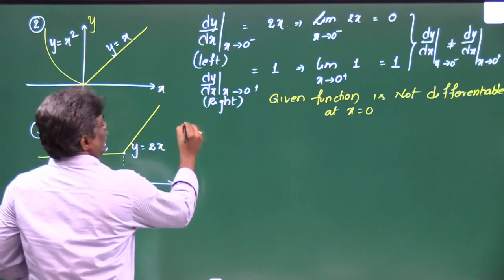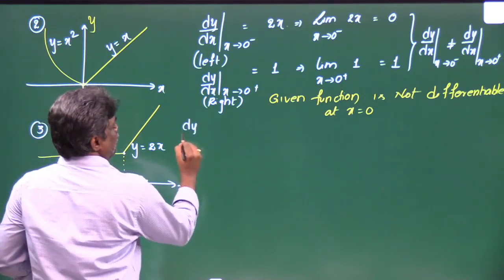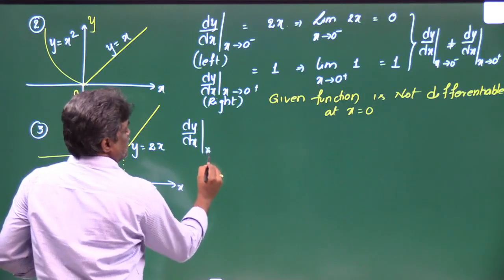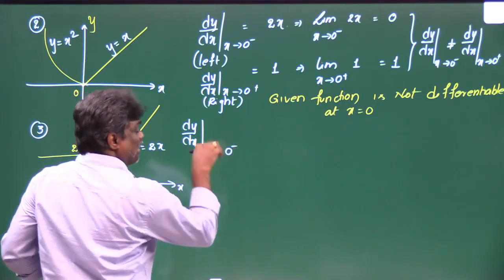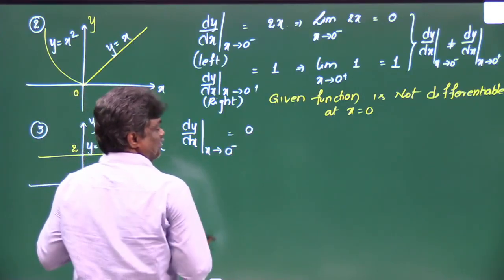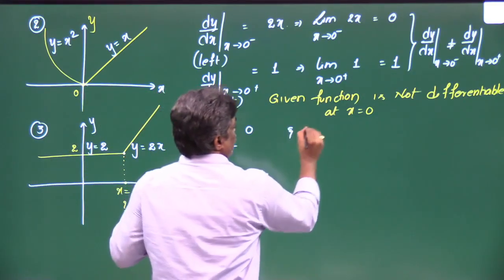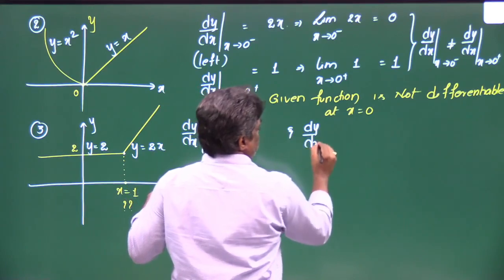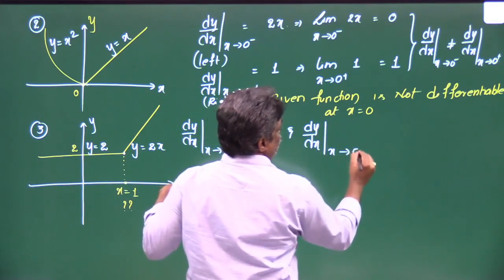Now as usual, I am finding dy by dx as x approaches 1 from the left side. That is the left side function derivative, it's a 0.